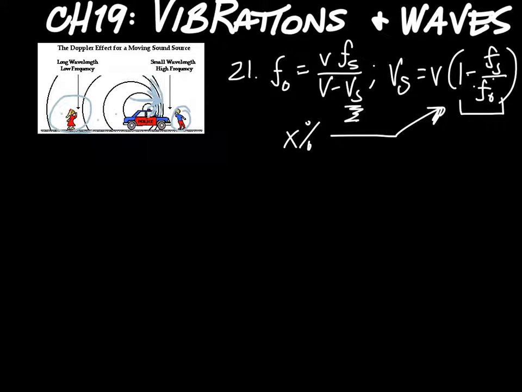If it was a 100% increase, then what's inside this parentheses here would be 100%, or the decimal would just be 1.0, and that would mean that the speed of our source was equal to the speed of sound.